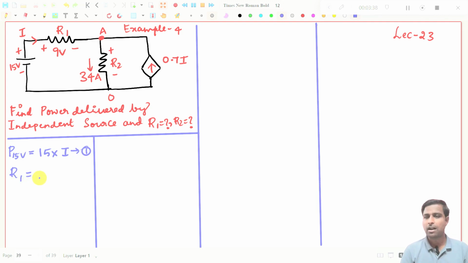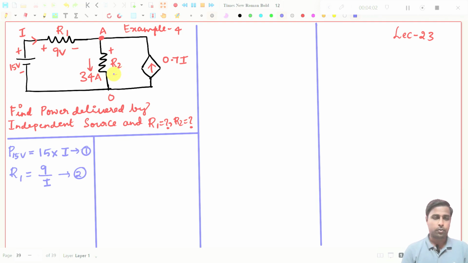V by I. What is V here? 9 volt given, divided by I. What is the current through this resistor? That is given as I. So you need to find I. If you know I, then you can easily find the R1 resistor.